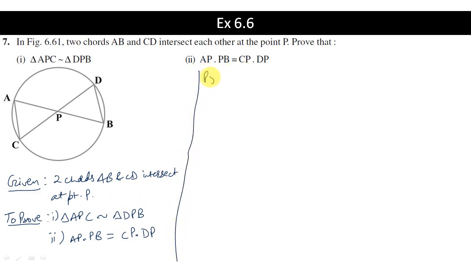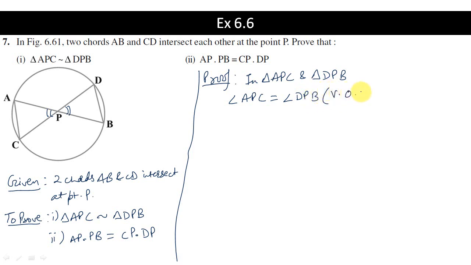Proof. So in triangle APC and triangle DPB, we have angle APC is equal to angle DPB because both of them are vertically opposite angles. So angle APC is equal to angle DPB as both of them are vertically opposite angles.